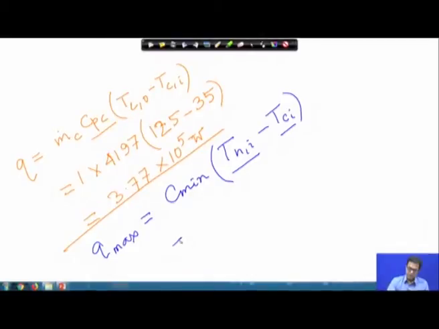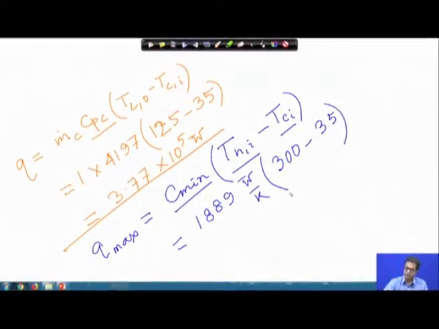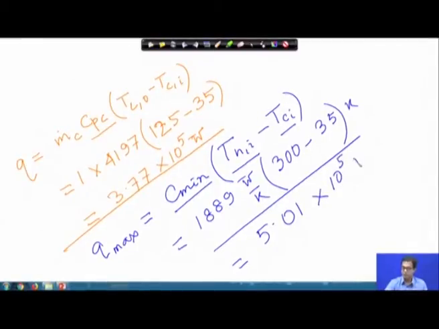We know the C min we have obtained to be 1889 watt per Kelvin, and T hot in is 300 minus Tc in, that is equal to 35 degree centigrade. So, this is the maximum heat that is possible to be transferred, and this will come out to be 5.01 into 10 to the power 5 watt.